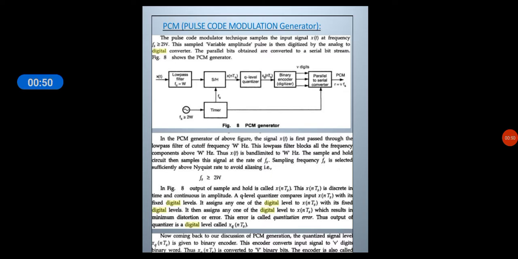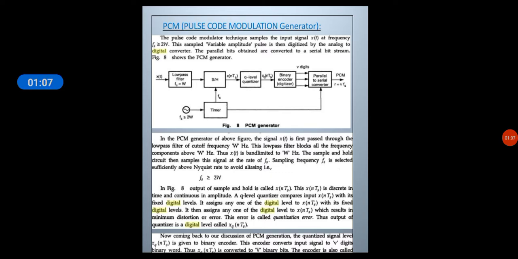So pulse code modulation is one of the pulse modulation techniques. In this we are going to discuss the transmitter as well as the receiver part of pulse code modulation.